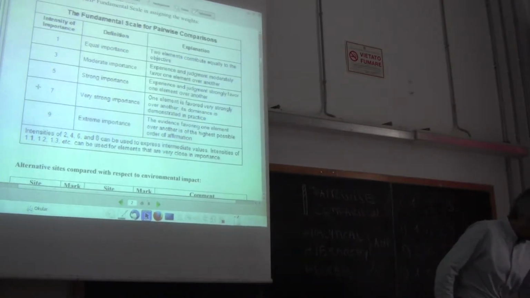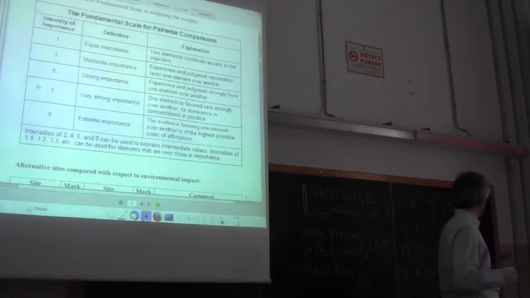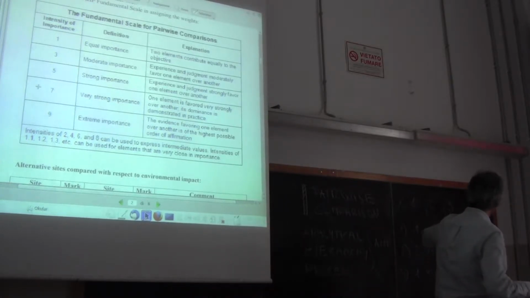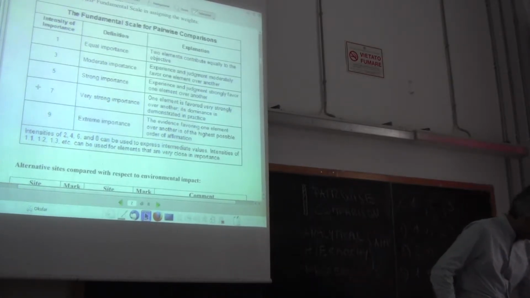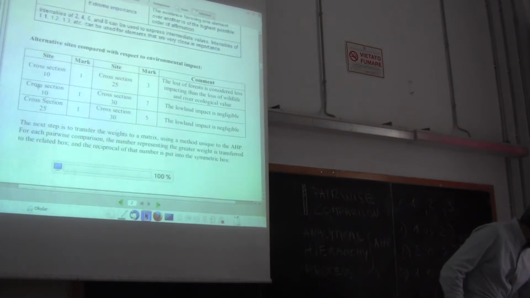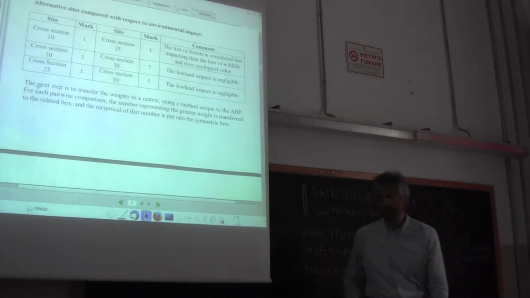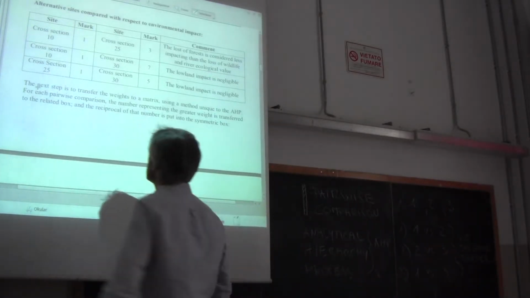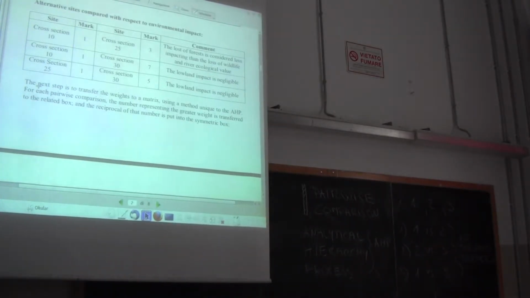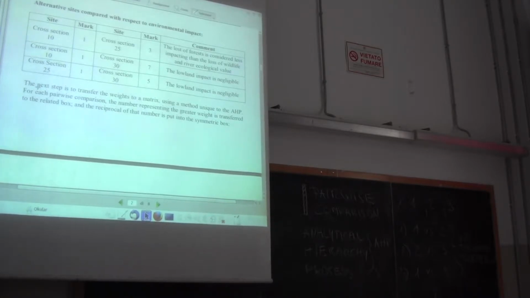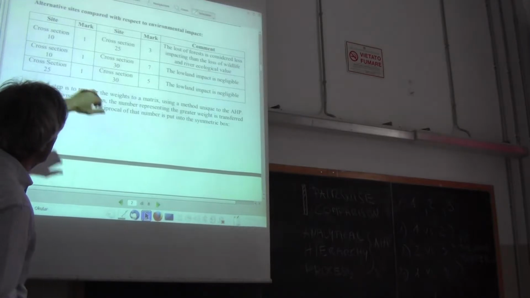Okay, now, the problem that we still have to address is to put the outcomes together. So let's refer to our example now, and remember that we have to evaluate the environmental impact. Let's give a mark according to this table. So let's compare cross-section 10 with cross-section 25.